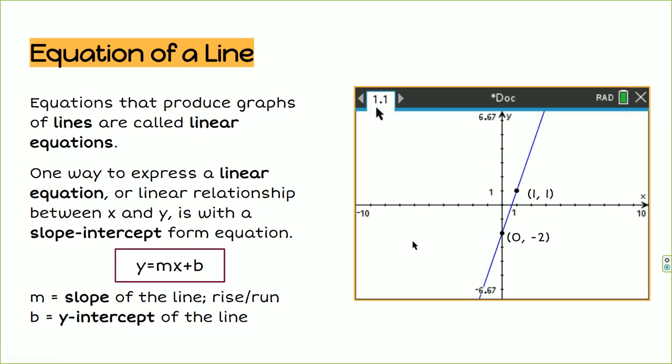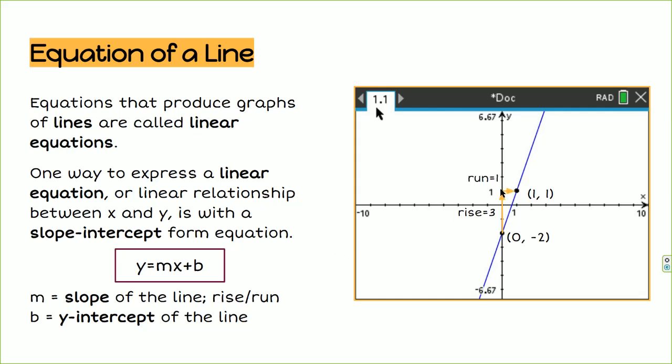So for this graph here, I need to identify 2 things in order to write its equation. I need to identify its slope and its y-intercept. For the slope, I start at the point on the left and I go towards the right. To get up from the lower point to the upper, I have to go up 3. My rise is 3.